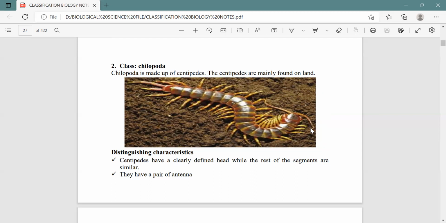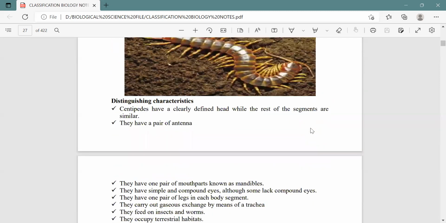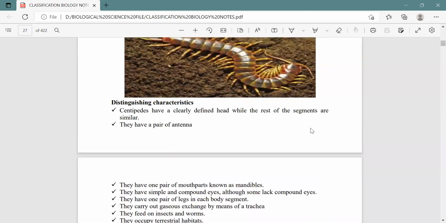You can see a well-defined head at the end of the body, and the rest are similar segments. You can see that it has compound eyes, mouth parts, the mandibles, only 1 pair of legs on each body segment.